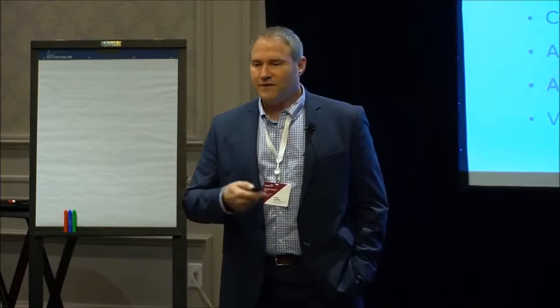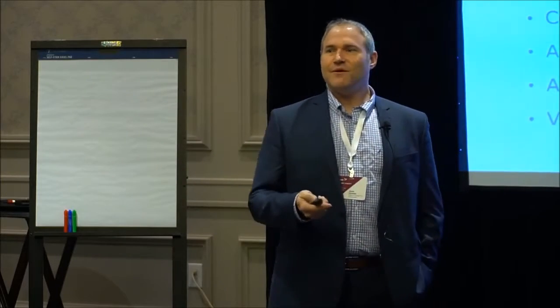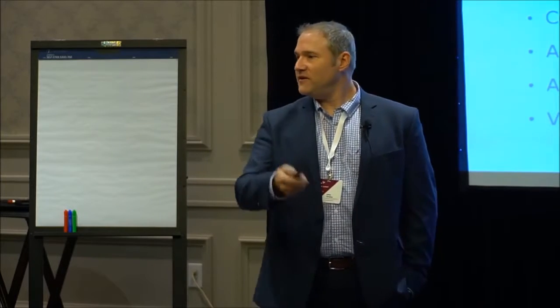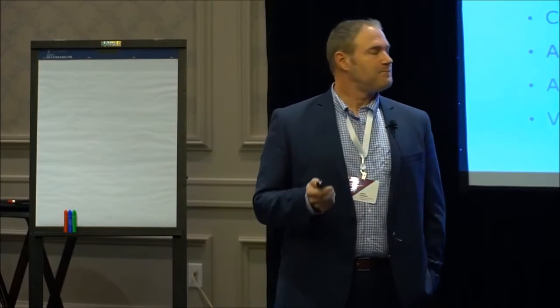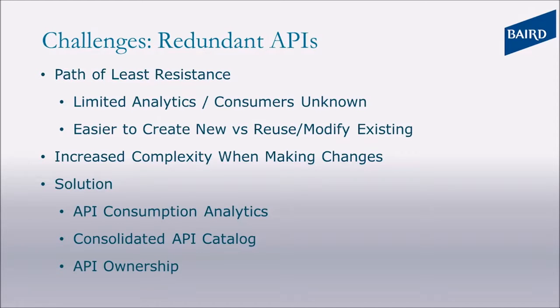Ownership is another one. If you don't know who owns these APIs, how do you know who to talk to about making a change, or asking them to make a change? And then again, the versioning strategy, having something for that. The next challenge was redundant APIs. So two, three, four different versions of the same API going at a source of data.